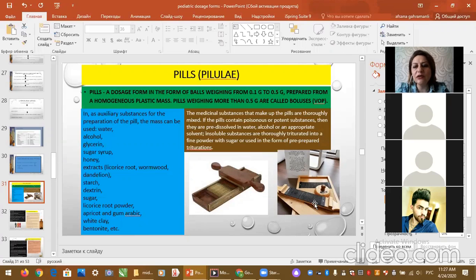These are instruments for preparing pills. As auxiliary substances for the preparation of the pill mass, water, alcohol, glycerin, sugar syrup, honey, extracts, licorice, wormwood, dandelion, starch, dextrin, sugar, apricot and gum arabic, white clay, bentonite, etc. can be used.